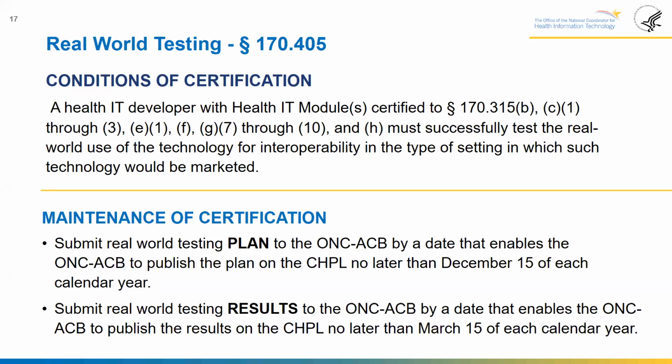For those of you who don't necessarily speak our regulatory shorthand, areas like 315(b) and the other letters refer to specific areas of certification criteria. (b), for example, encompasses a number of the functionalities within certified health IT. (c)(1) through (3) are related to clinical quality measure functionality, and so on and so forth. So there are some parameters around what should be tested and must be incorporated as part of the entire plan.